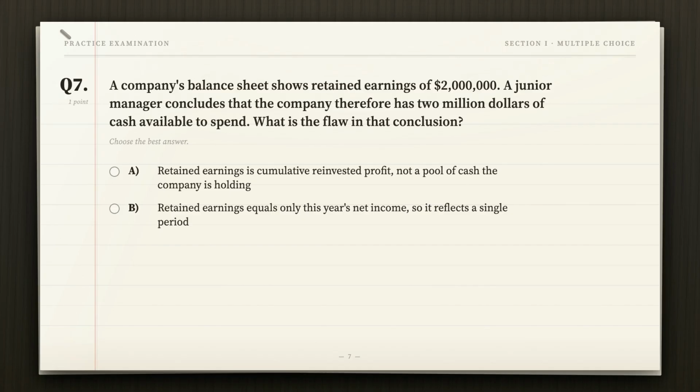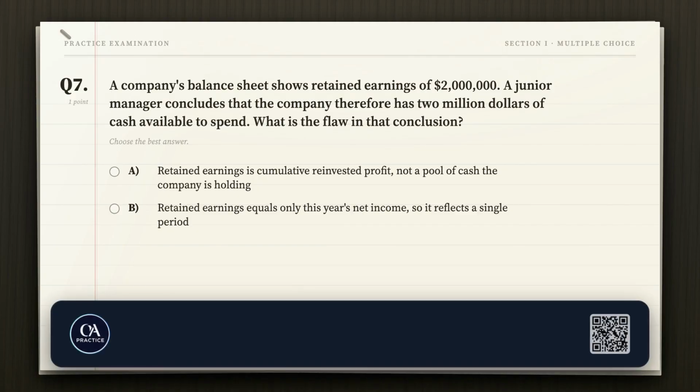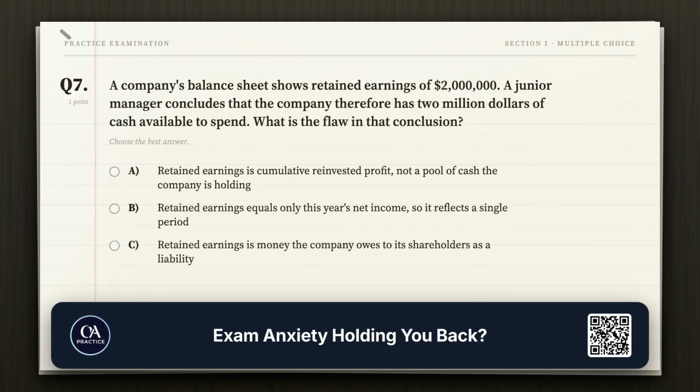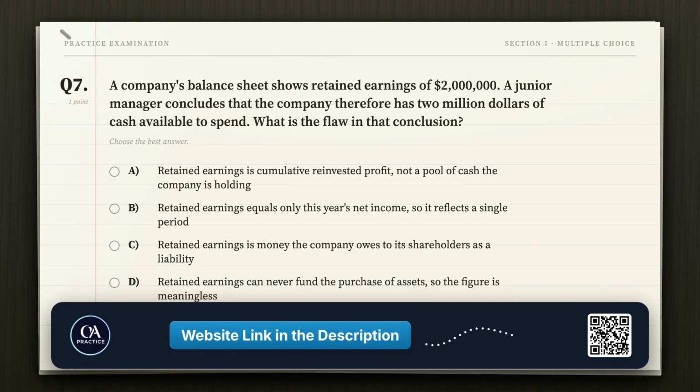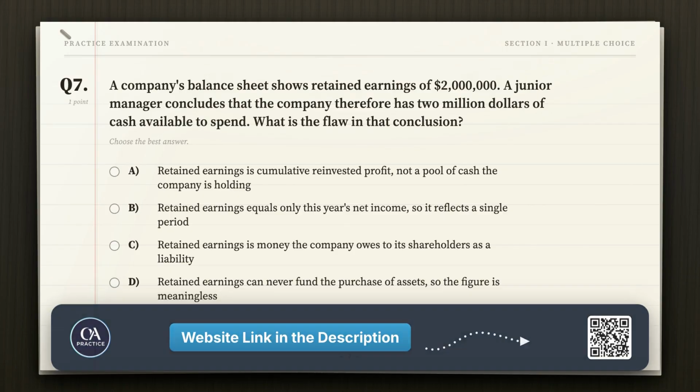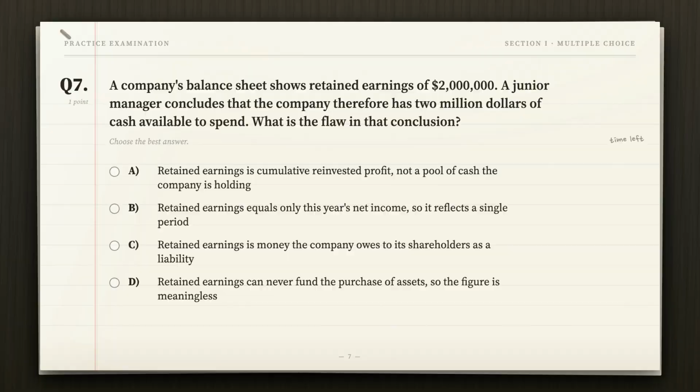B. Retained earnings equals only this year's net income, so it reflects a single period. C. Retained earnings is money the company owes to its shareholders as a liability. D. Retained earnings can never fund the purchase of assets, so the figure is meaningless. Don't overthink it, which one feels right?